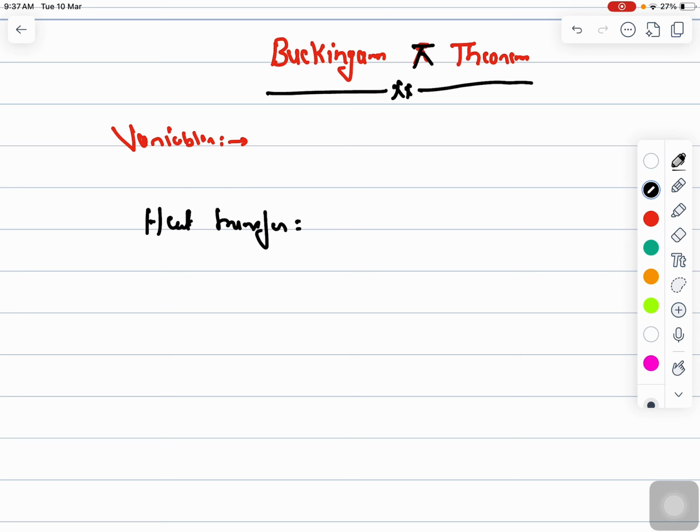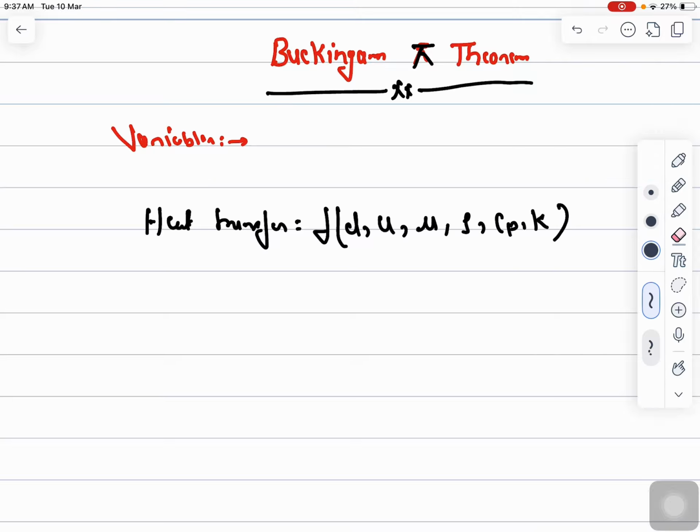process, that is a function of various variables like pipe diameter, as in the previous lecture, fluid velocity, fluid viscosity, density of fluid, heat capacity, and thermal conductivity, and then there is the heat transfer coefficient as well. That is another important parameter.